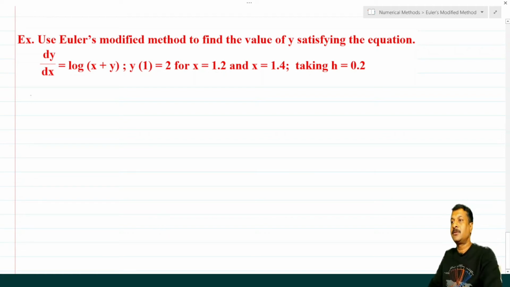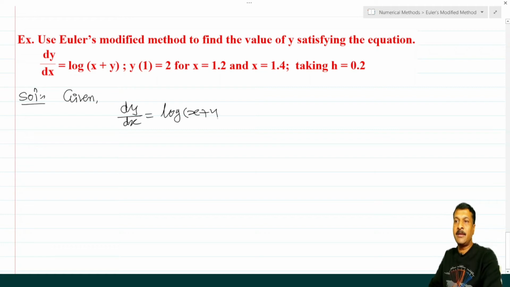So, solution here. What is the given? You write first: given dy by dx equal to log of x plus y, and therefore what is f of x y? That is equal to log of x plus y. Here x0 means the initial value.